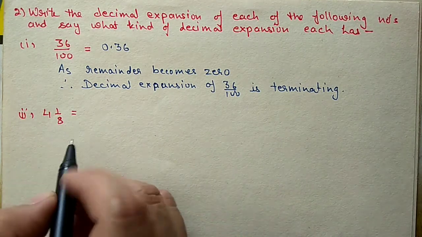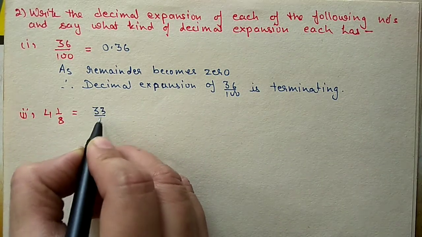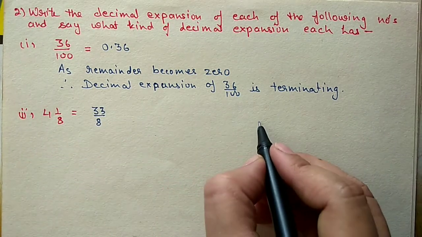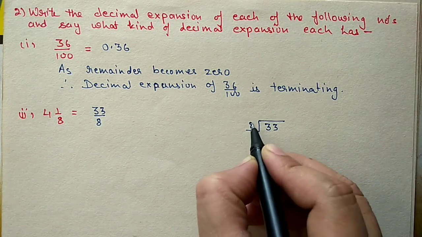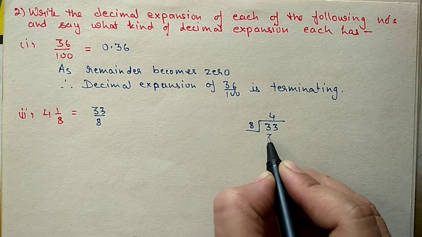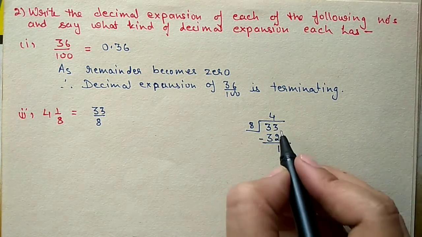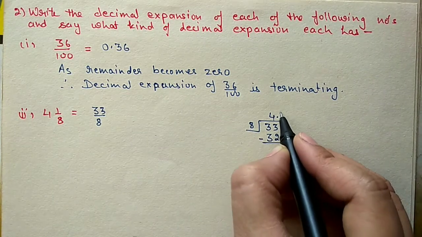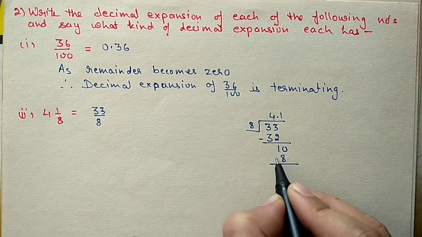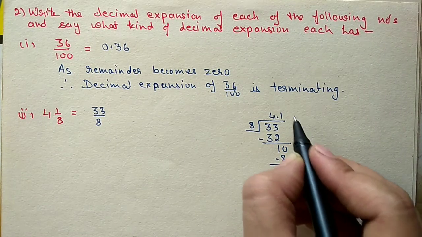Second part, 4 whole number 1 by 8. So 4 8s are 32 plus 1 is 33 by 8. Now divide it and change into decimal. 8 4s are 32. Then after subtraction you will get 1 here. Put decimal here and take 1 0. Then 8 1s are 8. Again do the subtraction, 2. Take 1 more 0. 8 2s are 16.